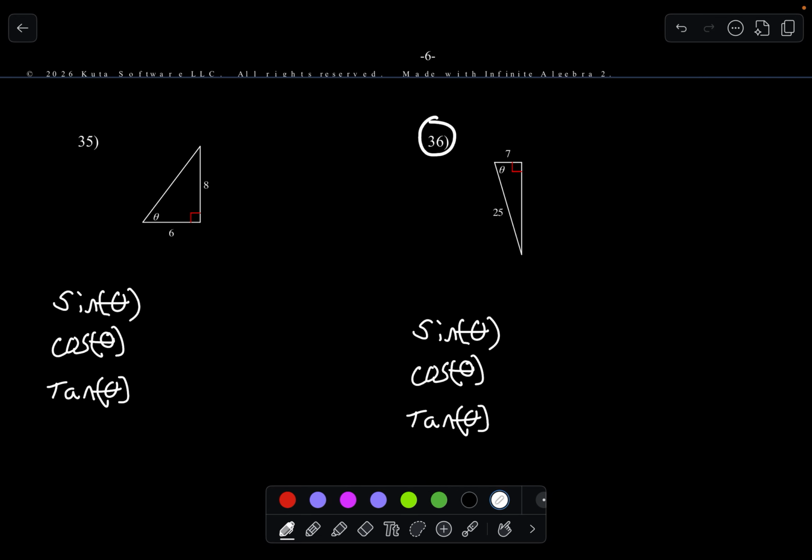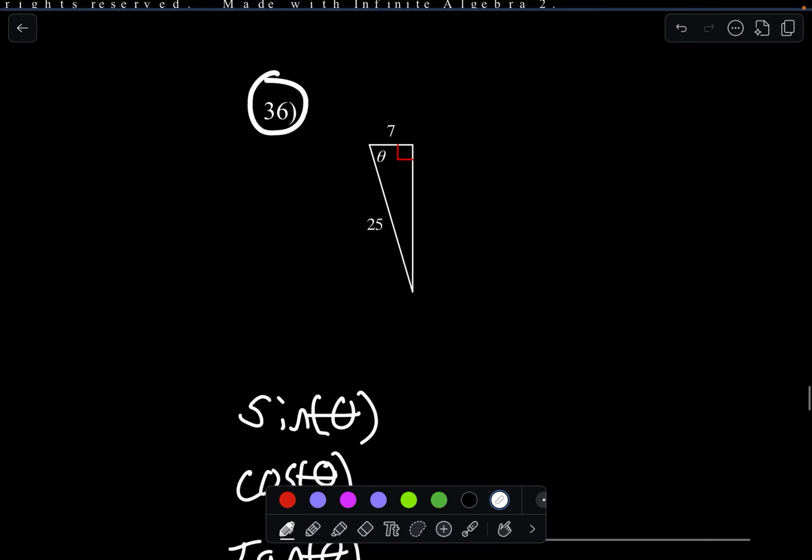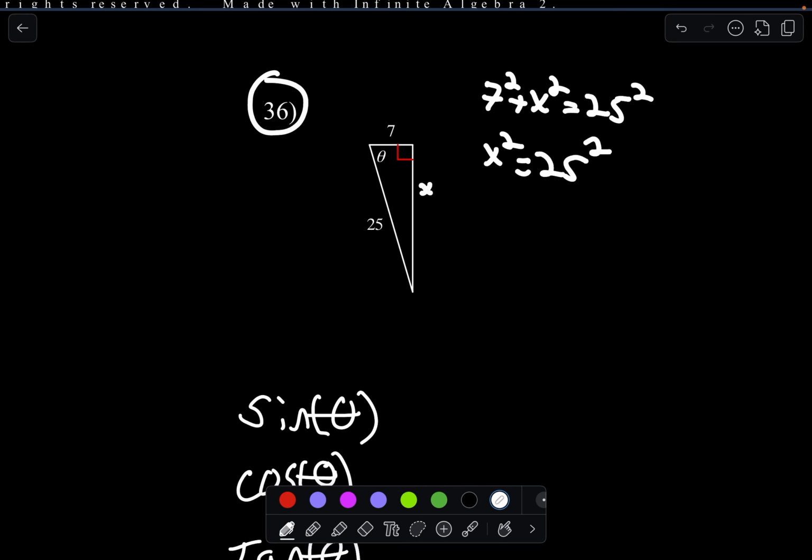36 is the same thing. You have to find the missing side using Pythagorean. So we have to find this x. You know that 7 squared plus x squared equals 25 squared. x squared equals 25 squared minus 7 squared.